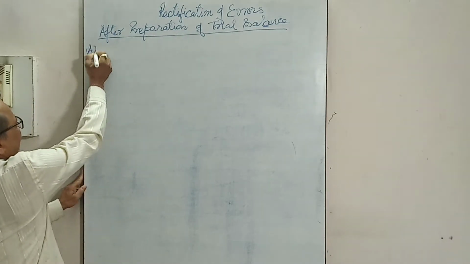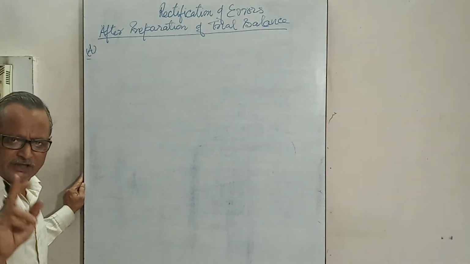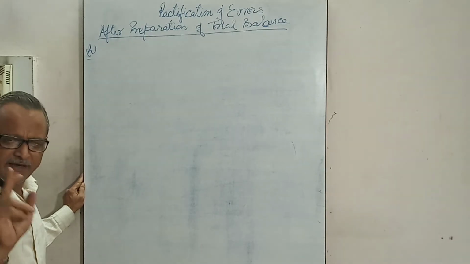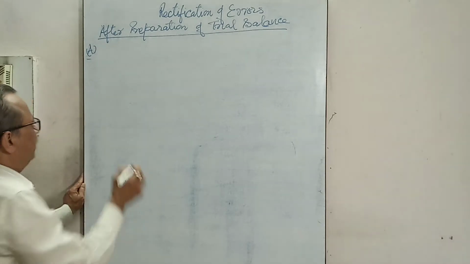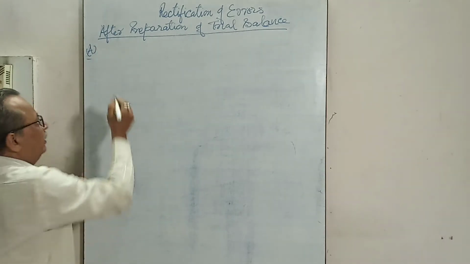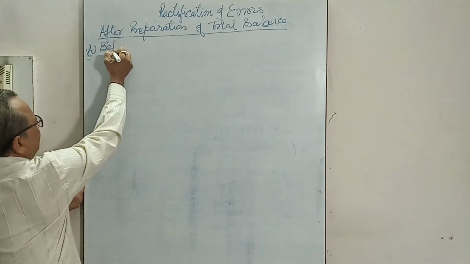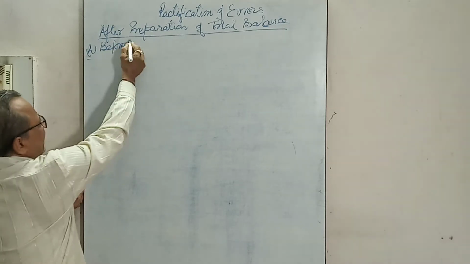Now see, both you will see here. A, if no suspense account was opened, it means it is before the trial balance. You understood it, before means before trial balance.